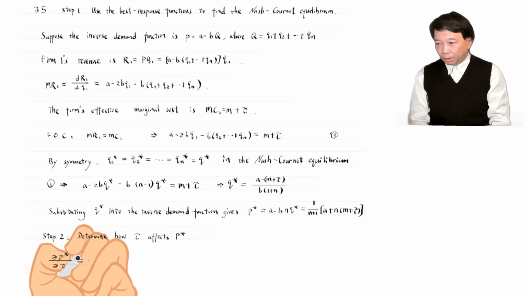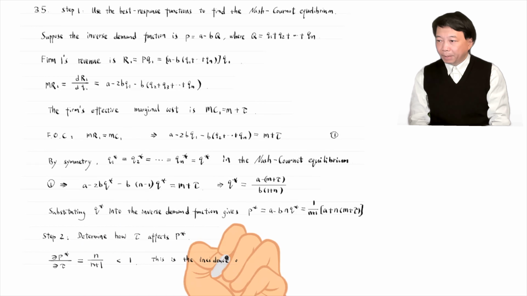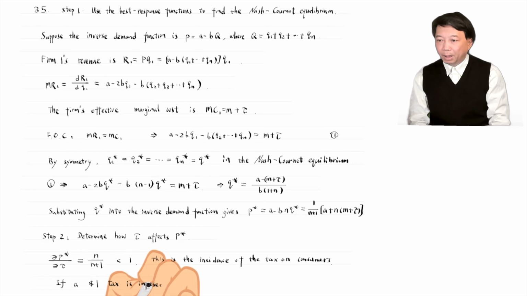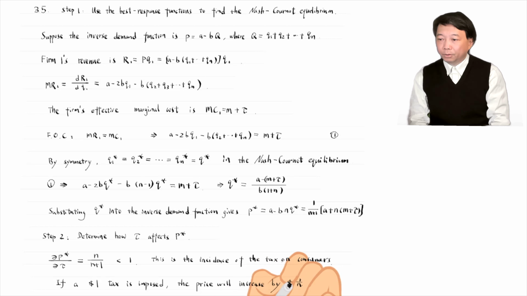The partial derivative of P star with respect to tau equals n over n plus 1. This is the incidence of the tax on consumers. If a $1 tax is imposed, the price will increase by n over n plus $1. For example, if there were 2 firms in the market, the tax incidence will be 2/3, or the share of the tax on consumers will be 2/3.